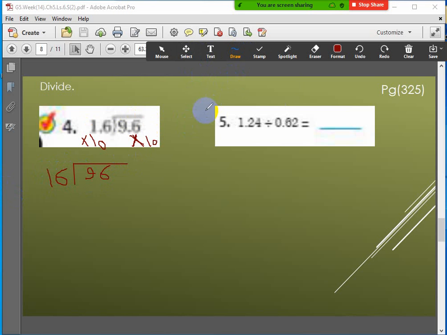Let's divide. First thing, if I want to divide 9 by 16, I can't. So I will take the 6 with the 9, so it will be 96 divided by 16 equals what? I have to try a number.